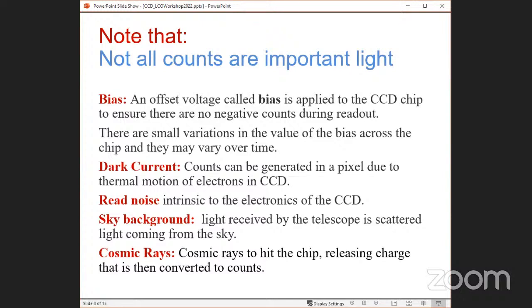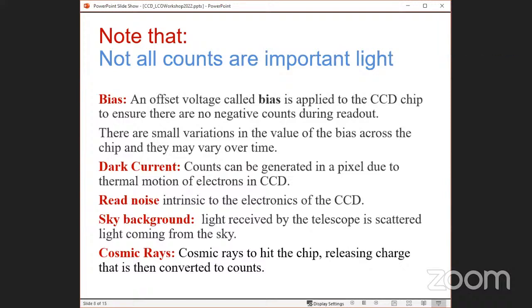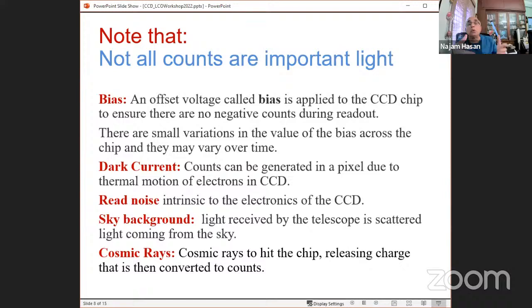Then we have something called the dark current. Counts can be generated in a pixel due to thermal motion of electrons in the CCD.